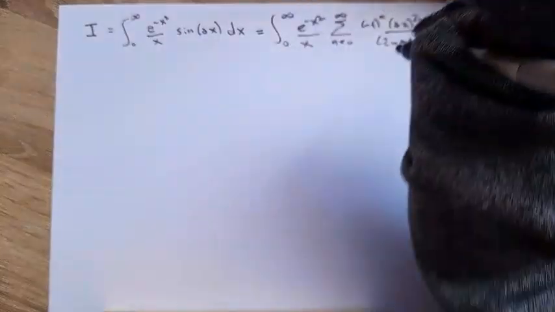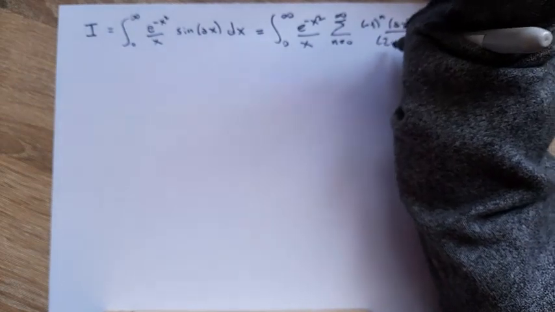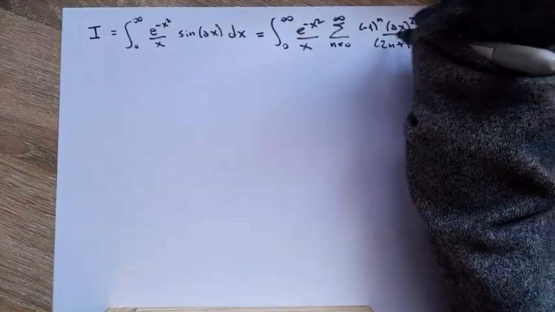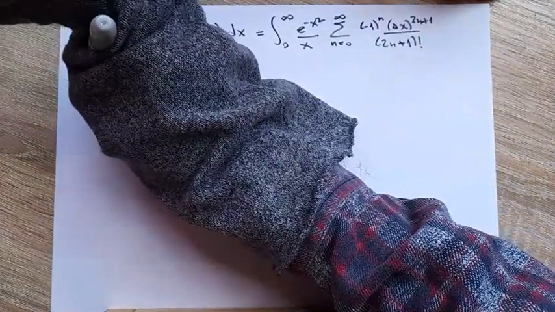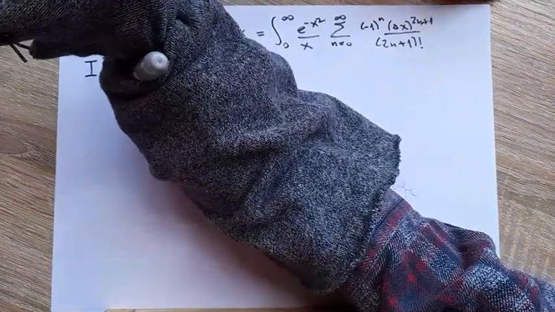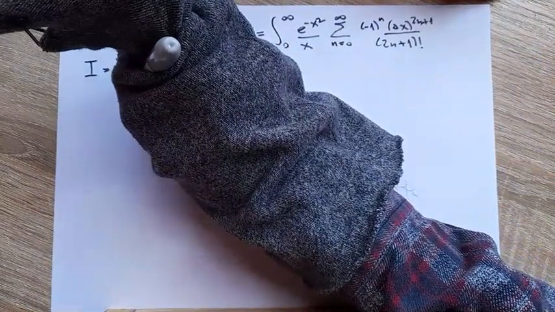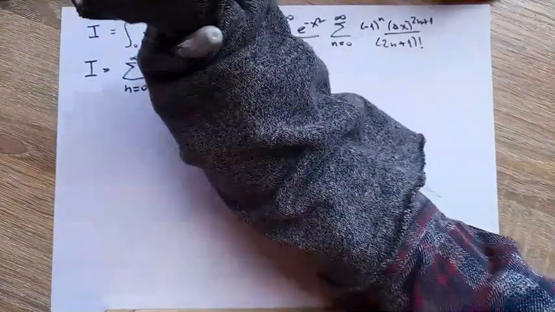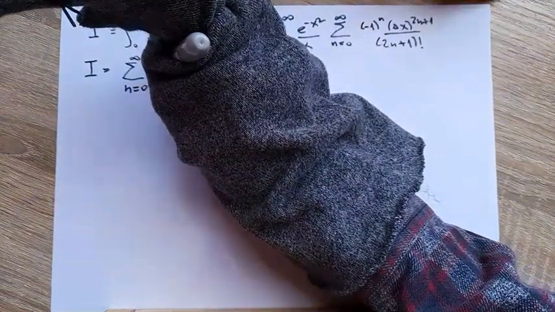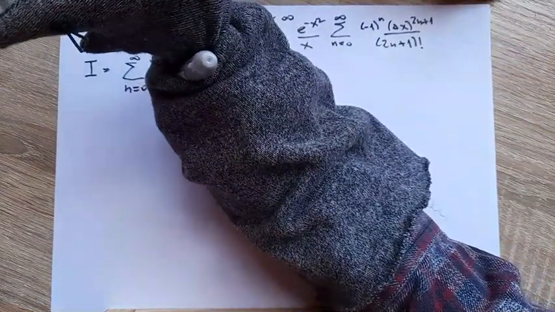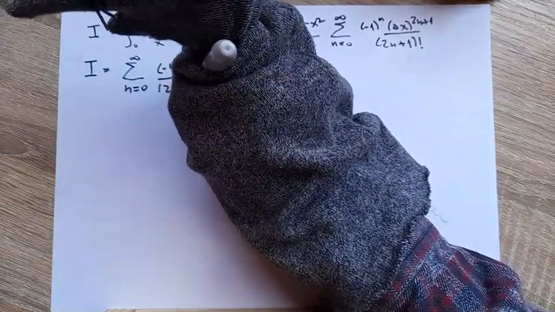Now I will take out the constant terms that don't depend on x out of the integral. So I equals, I will exchange integration with summation, sum from n equals 0 to infinity of minus 1 to the n over 2n plus 1 factorial.